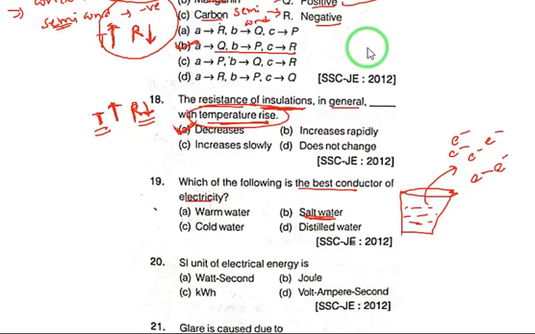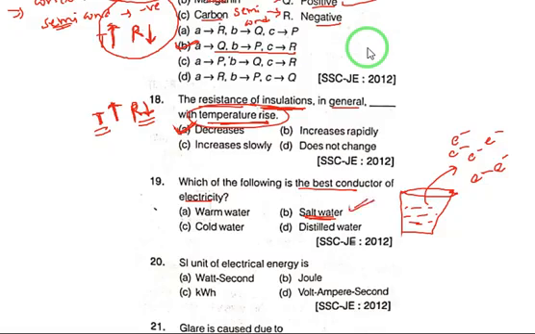That is why it will act as the best conductor of electricity. When we put a wire in it and current passes through the wire, it will conduct directly through this liquid also. That is why salt water is the best conductor of electricity.